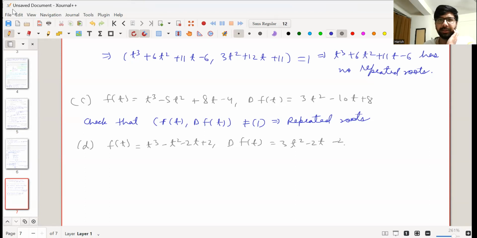Here the GCD will be 1. Check that the GCD of f(t) and df(t) is 1. So we have no repeated roots.